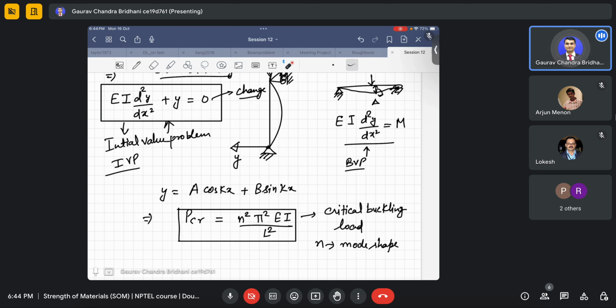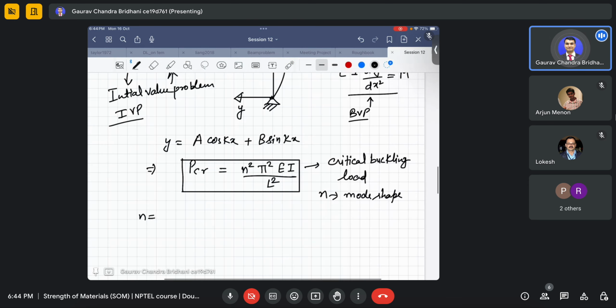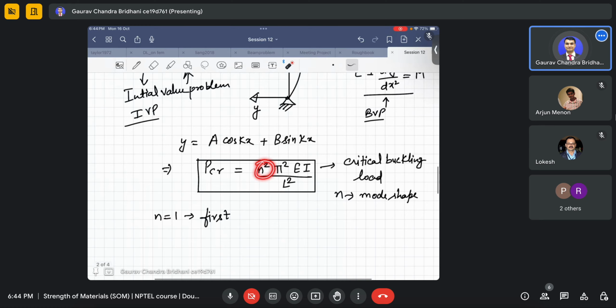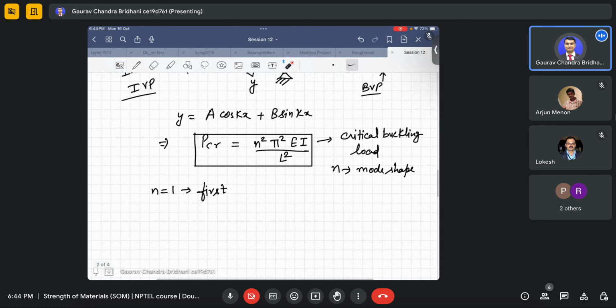Okay, because for that we have to prevent the buckling in mode 1 itself to reach the second mode. So basically we use n equal to 1, that is the first mode. Because for n equal to 2, n square becomes 4, and that is a very high value. So obviously you can't avoid the buckling in the first mode.